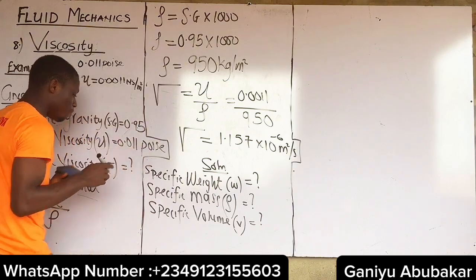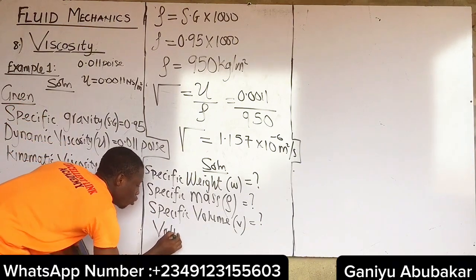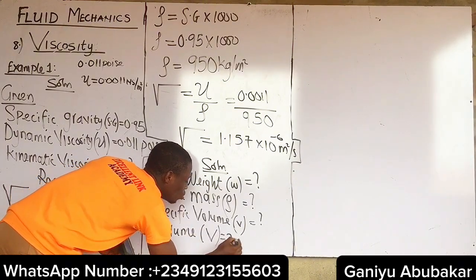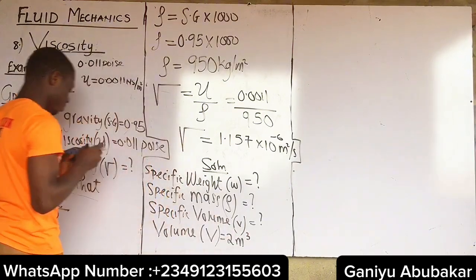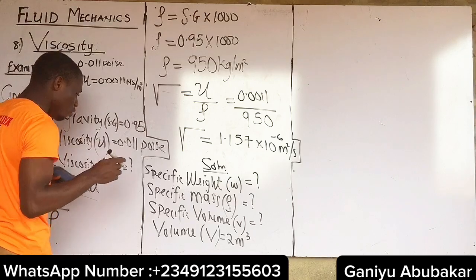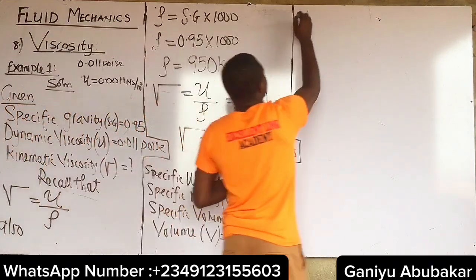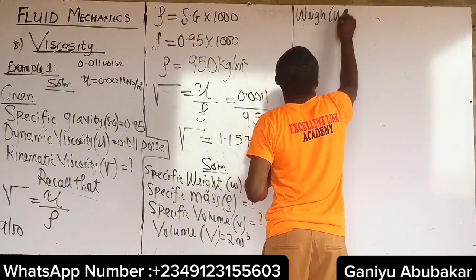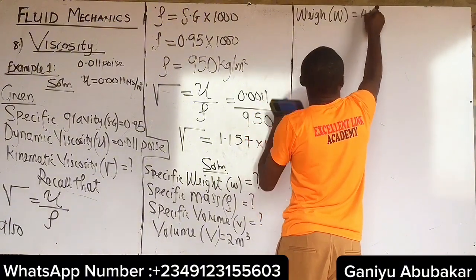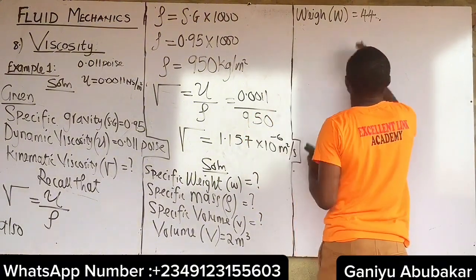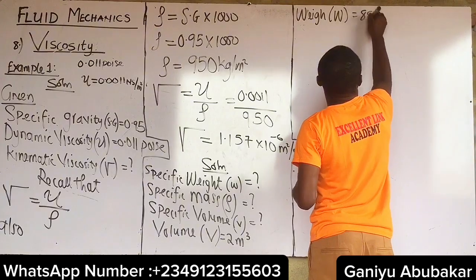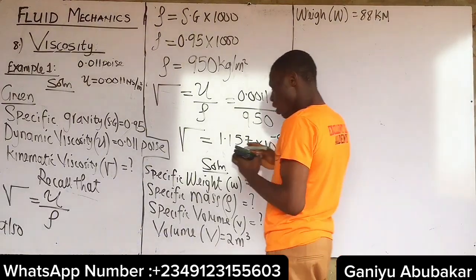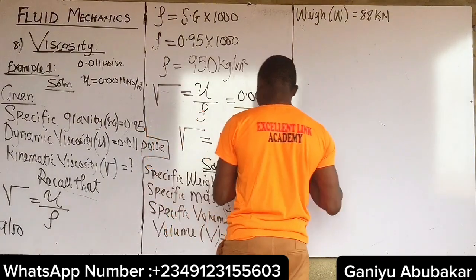I'm given volume, capital V, as 2 cubic meters, and weight, capital W, as 8 kilonewton. I'm also given viscosity.